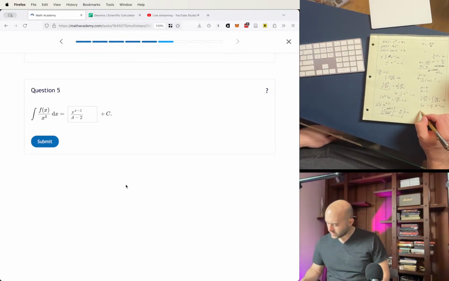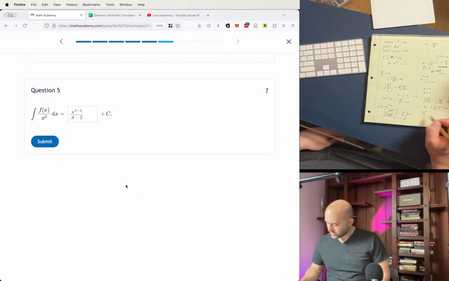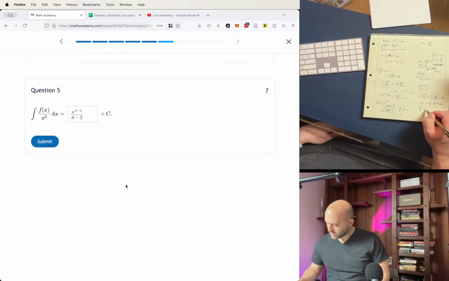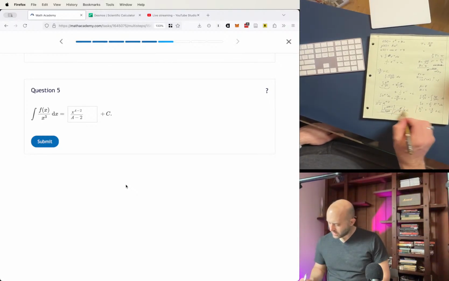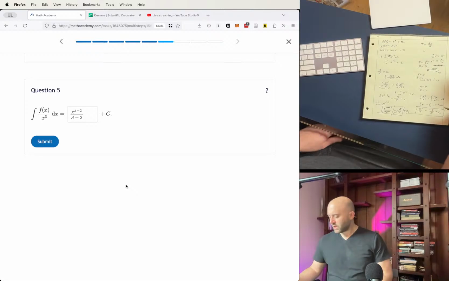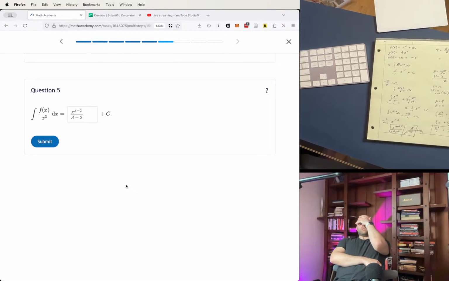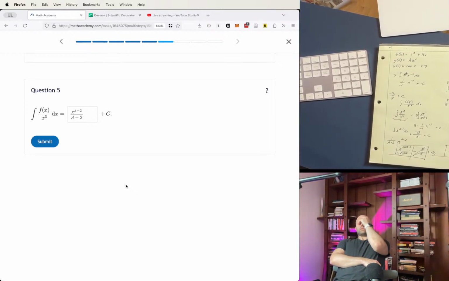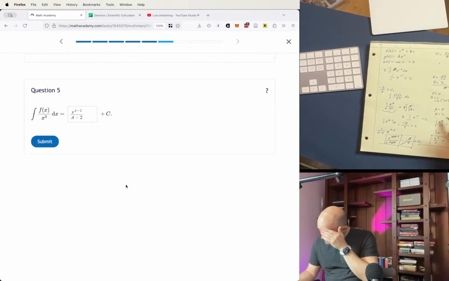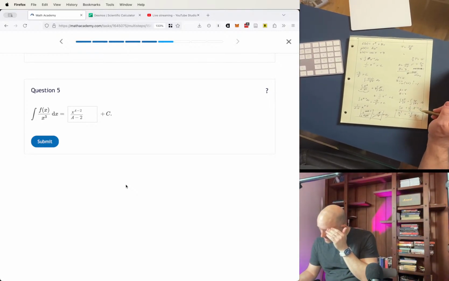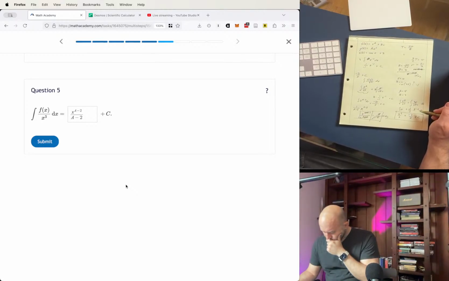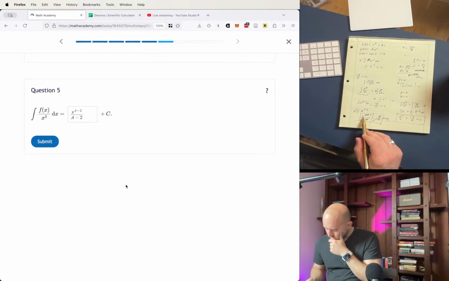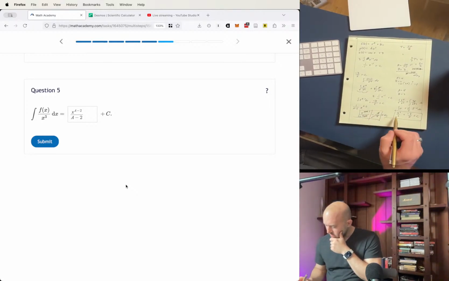So we get x squared on 2 plus, so it'll be minus 3 on x plus c. x to the 4th over x cubed is x straight up. This actually is correct, x squared over 2. Okay, good. I got it both ways.